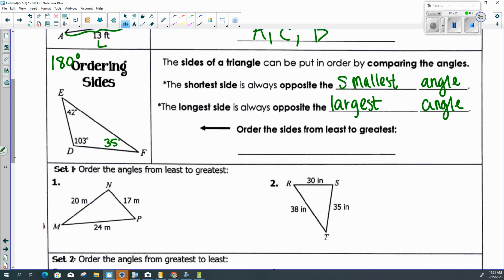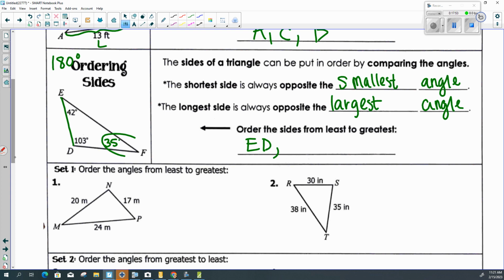And then it asks us to do an example. Order the sides from least to greatest. So I can see that this is my smallest angle, 35. So I'm going to go across from that. This will be the shortest side, ED. The medium measure of the angle is the 42.